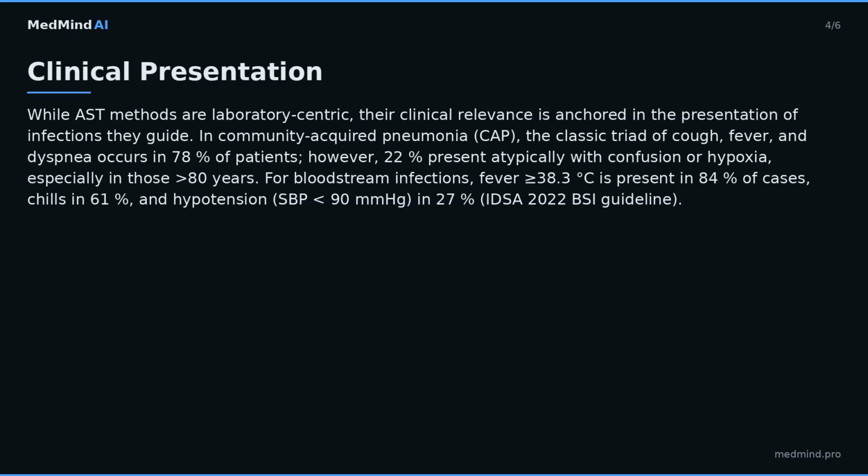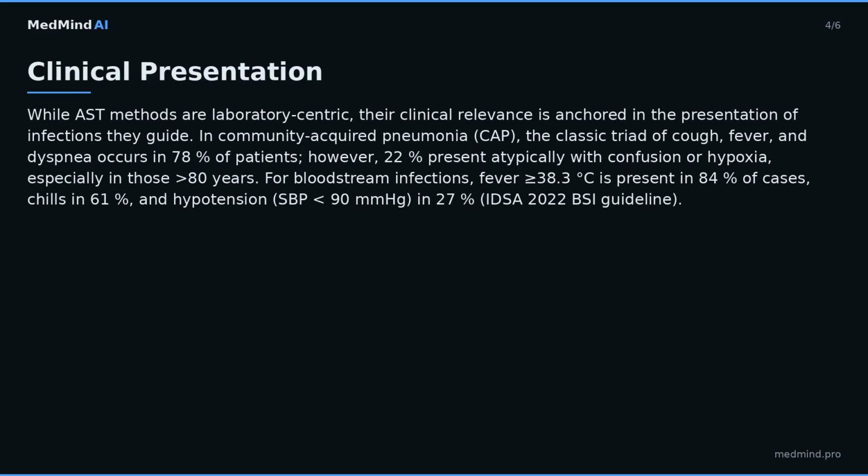Physical examination findings have variable diagnostic performance. A murmur in infective endocarditis yields a sensitivity of 44% but specificity of 92%, AHA/ACC 2023. In diabetic foot infections, the presence of a penetrating ulcer predicts osteomyelitis with a positive predictive value of 71%, IDSA 2023.